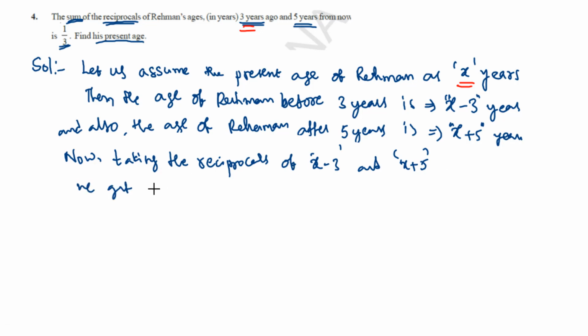Reciprocal means multiplicative inverse. So the reciprocal of x minus 3 is 1 by x minus 3, and the reciprocal of x plus 5 is 1 by x plus 5.